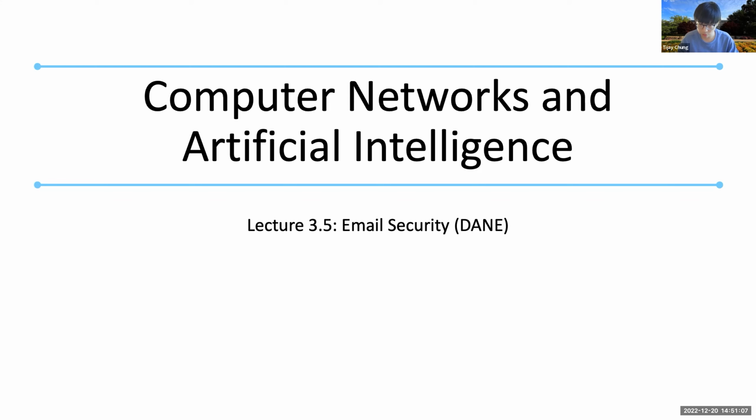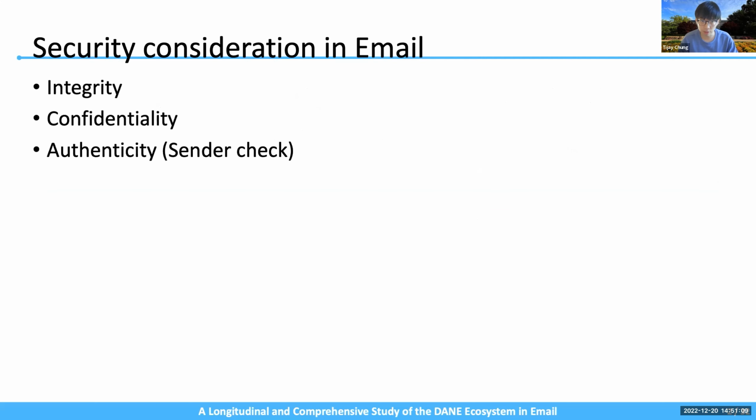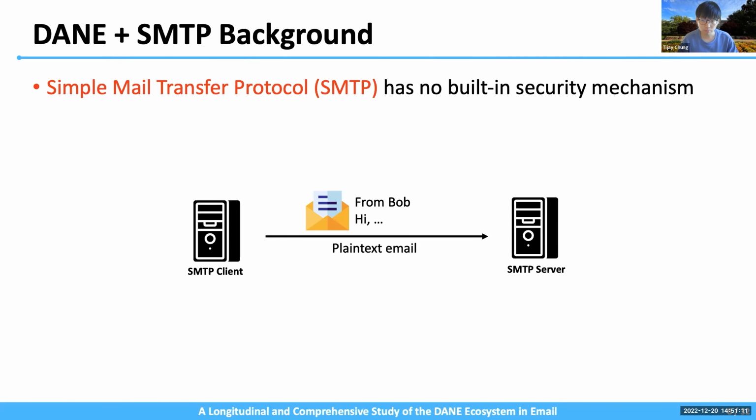Let me first introduce the background of an email system. We know SMTP, Simple Mail Transfer Protocol, is for email, right? And it has no built-in security mechanism. That's why we cover SPF and other protocols as well.